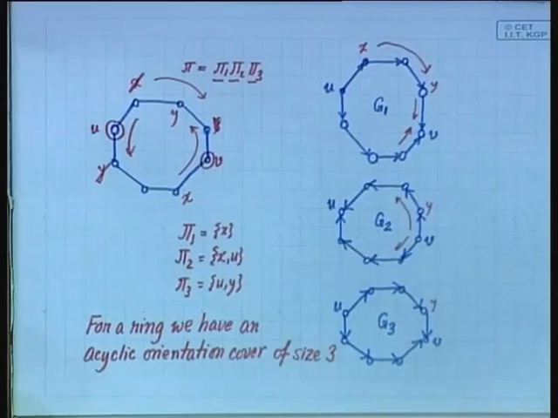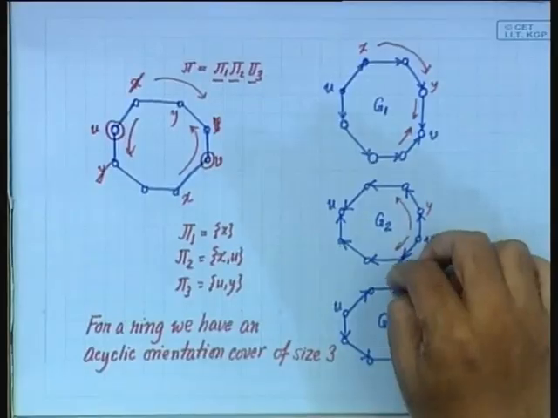I request you to create two acyclic orientations of a ring, and then show that there is a shortest path which cannot be replicated in that set of 2 graphs. So, it is not an acyclic orientation cover which covers all shortest paths. But with 3 we have.